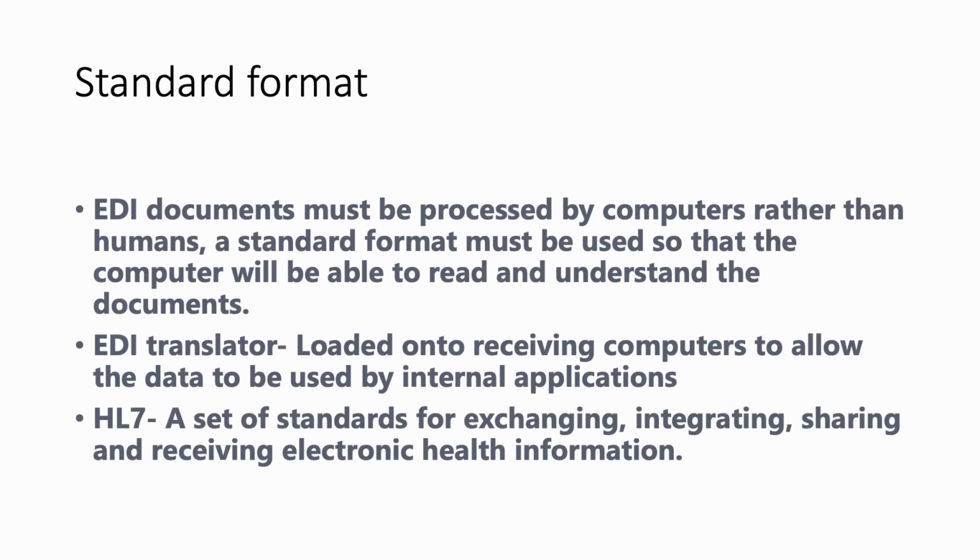The standard format for exchanging healthcare information is something called HL7, or Health Level 7, and it's used to exchange, share, and receive electronic health information. For those people who have only the need to receive it, you can get something called an EDI translator and load it onto your computer so you can receive specifically the information that you want.